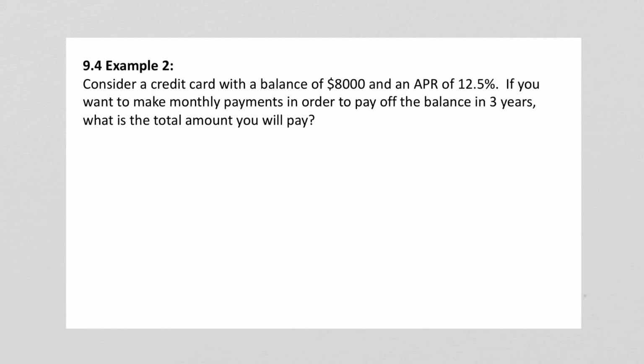Okay? So that's the formula you're going to use. You want to find your payment. You've got your principal, your initial amount, times R over N, and that is divided by 1 minus (1 plus R over N) to the negative NT.